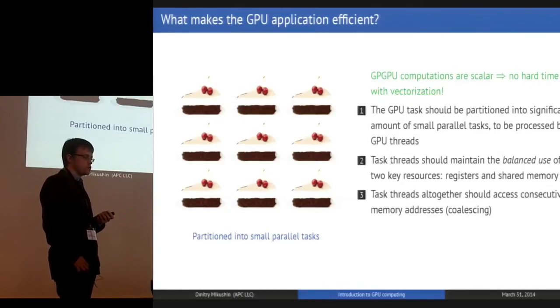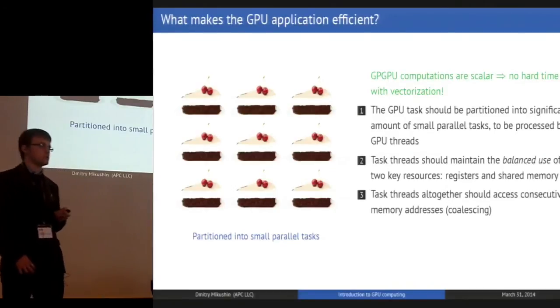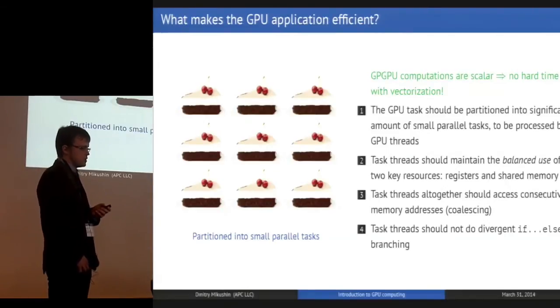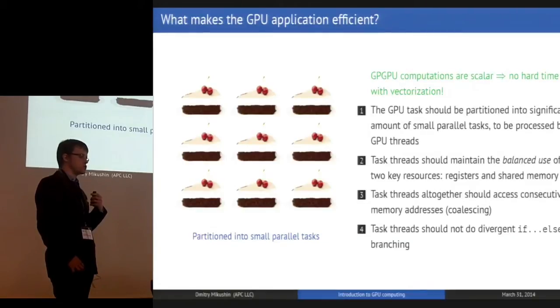Task threads altogether should access consecutive memory addresses, which is called coalescing. This is a very, very important thing. Threads should not use too much divergent branching.